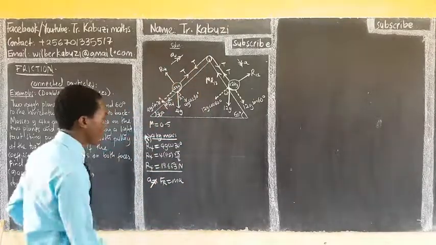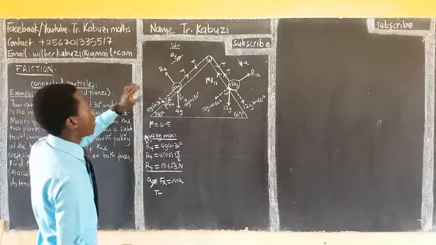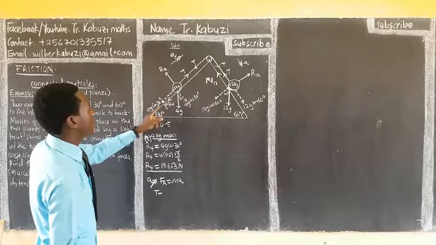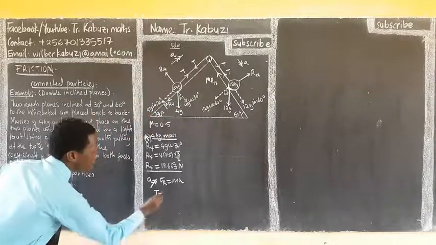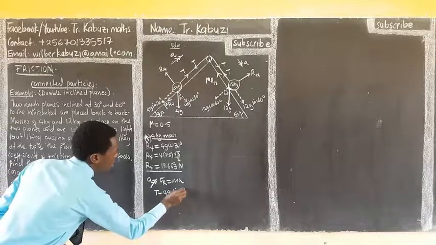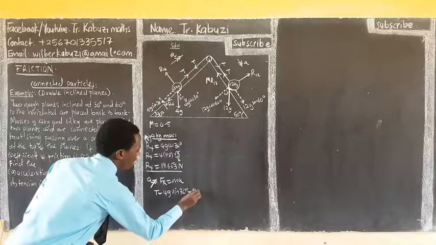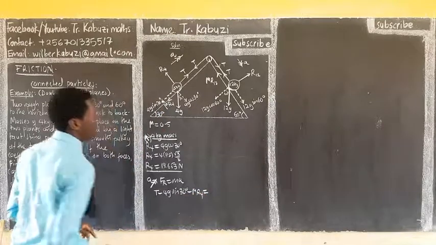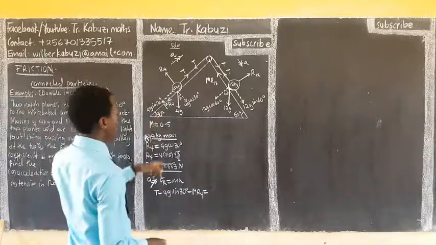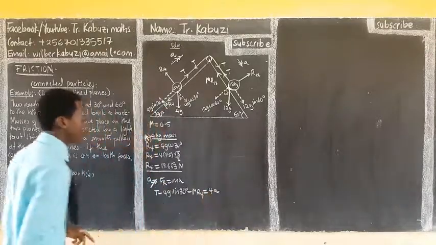It's T. So the resultant force is T minus the two opposing forces: minus 4g sine 30 degrees, then minus mu R4, which will be equal to our mass, 4, times the acceleration, which we are looking for.